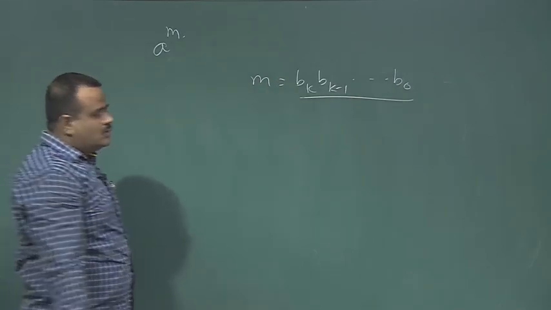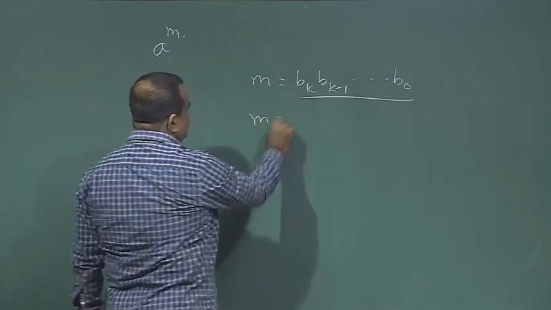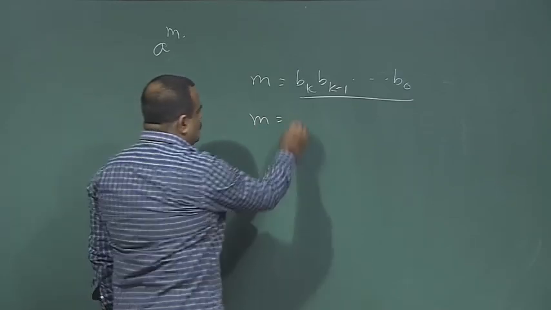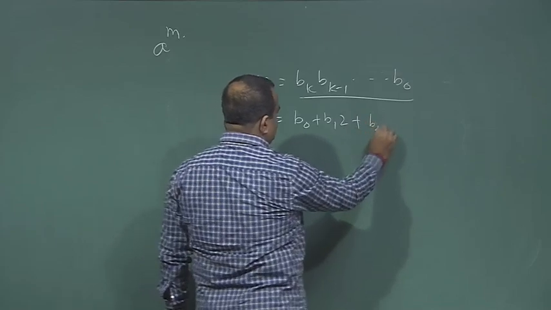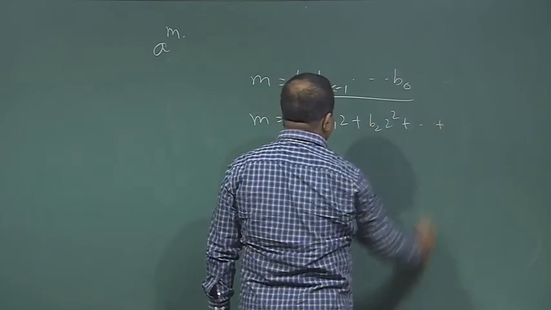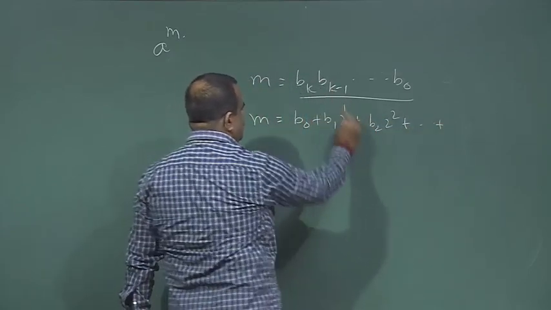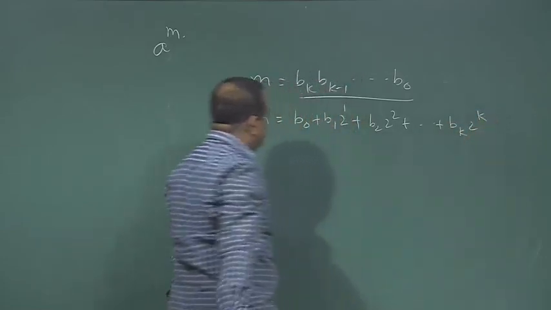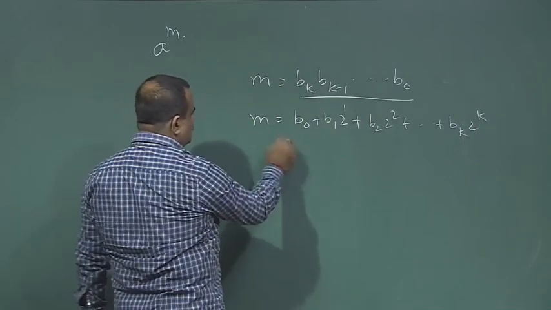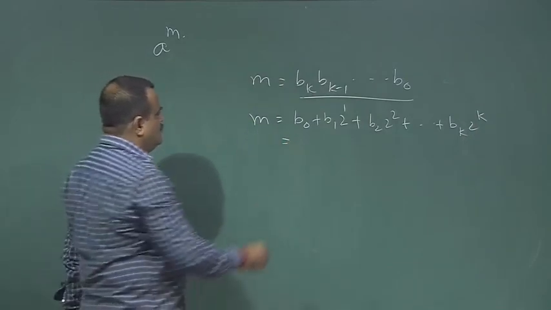Now m will be written as b0 plus b1 into 2 plus b2 into 2 square, like this, up to bk into 2 to the power k. This is for a decimal integer m.